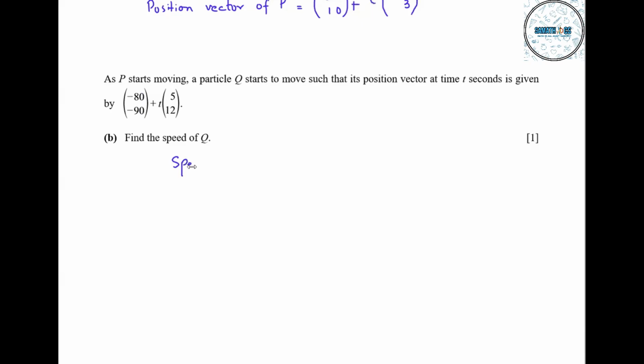We will take out its magnitude. So the speed of Q is equal to under root 5 square plus 12 square. 5 square is 25, 12 square is 144, 25 plus 144 is 169, so it is 13.